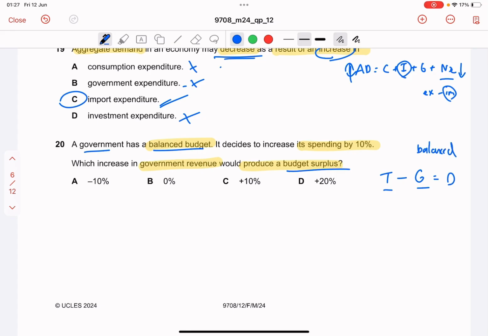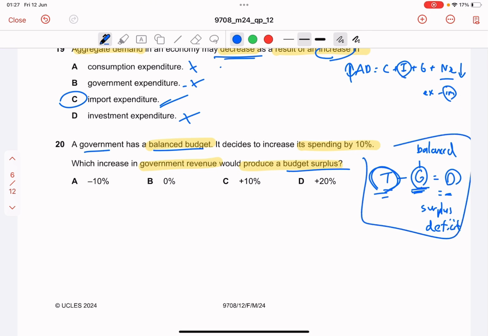However, if tax revenue is greater than government spending, it will lead to a surplus because the value will be greater than 0. But if government spending were greater than tax revenue, then it would be a minus value, which would indicate a deficit, right?